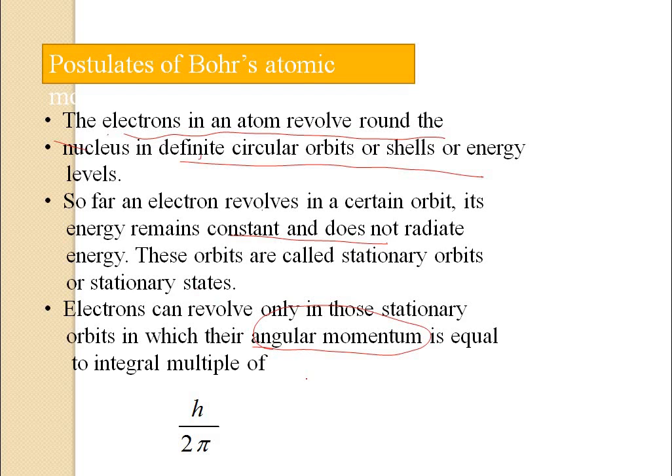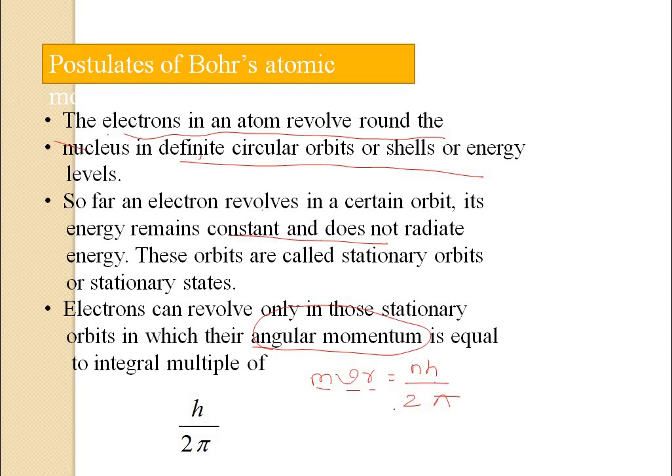According to him, the formula is mvr equals nh by 2 pi. Here m is the mass of the electron, v is the velocity of the electron, r is the radius of the orbit, and n is the integral multiple, the principal quantum number introduced by Bohr. h is Planck's constant, and 2 and pi are constants.